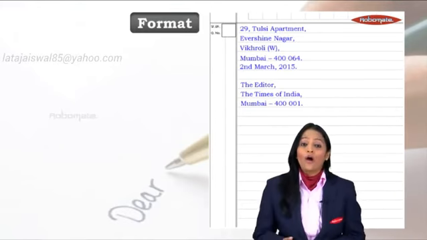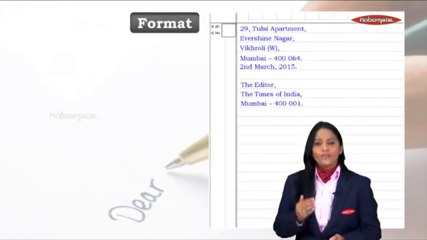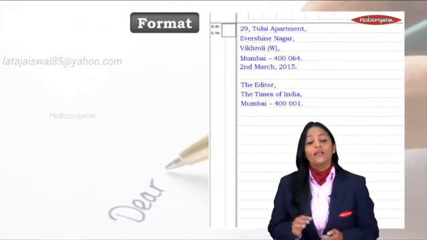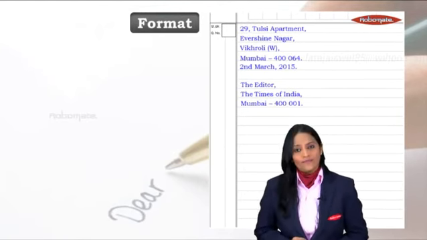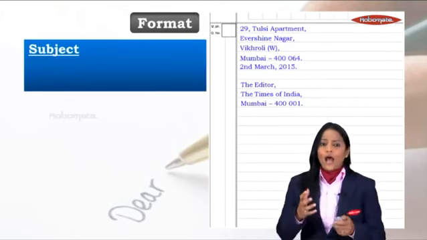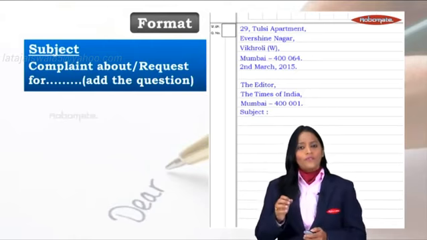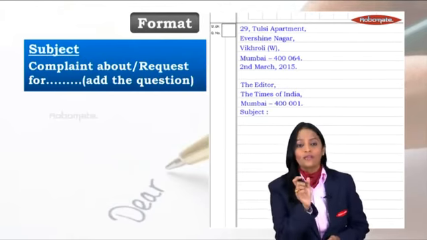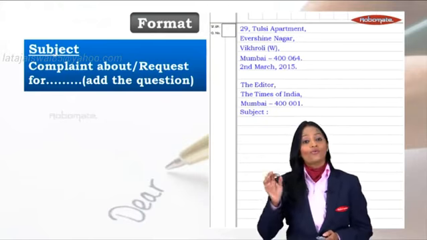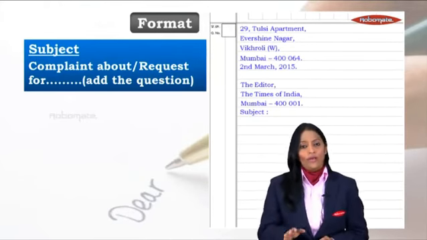Now, we have the from address, the date, the to address. You can see there's a line that we have left between the date and the to address just to make it look neat. Okay, next comes the subject. Now, how do you write the subject? Very simple, students. First of all, write the word subject. See, earlier we have not written from or to or date. No, it's understood.